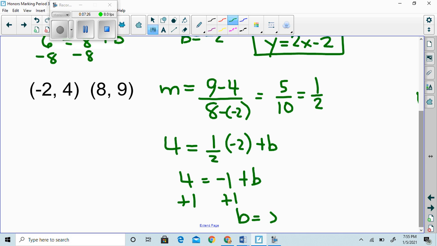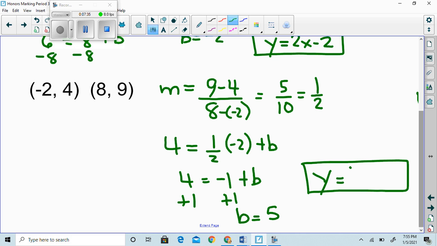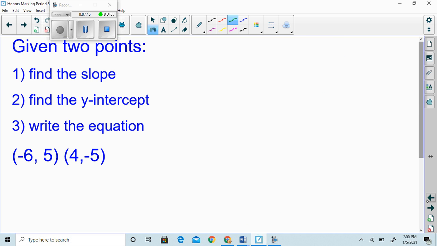If you have a slope and a y-intercept, you have an equation. That equation will be y is equal to 1/2 x plus 5. That is just pretty much the basic type of problems that you'll encounter.